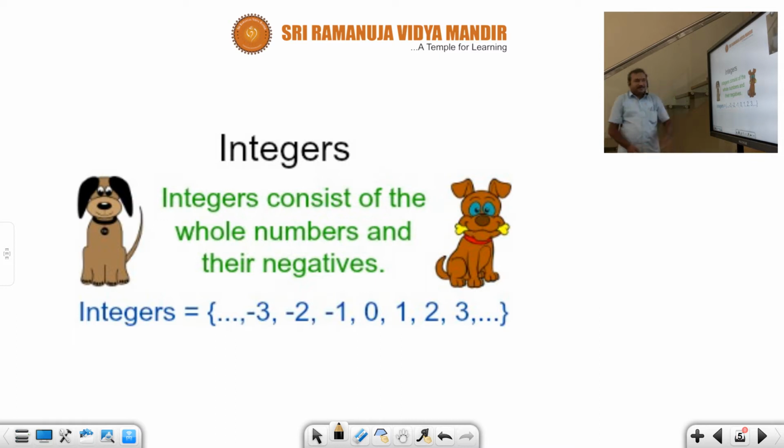So these are called the set of integers and they are represented by the capital letter I or Z. We will go to the next topic.